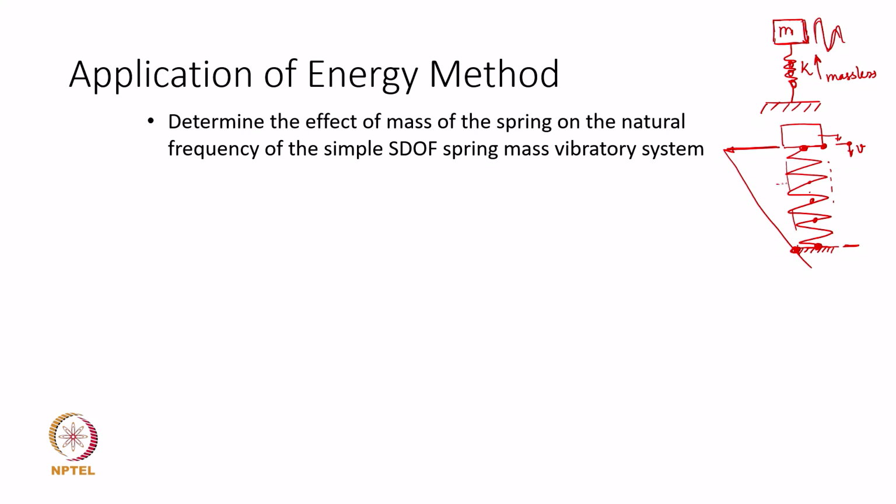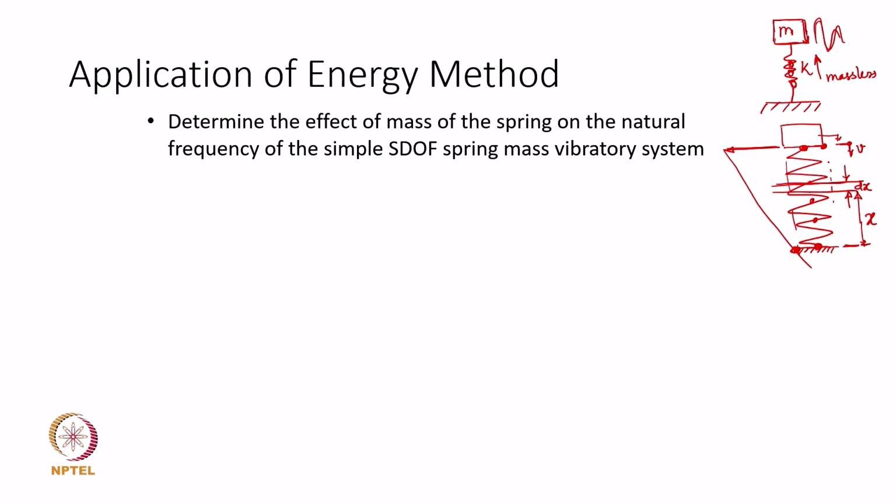So, let us assume a small elemental length of this spring, dx, positioned at a distance x from here, and the velocity of the mass is v at its end of the spring. And we assume a linear variation of both velocity and displacement.